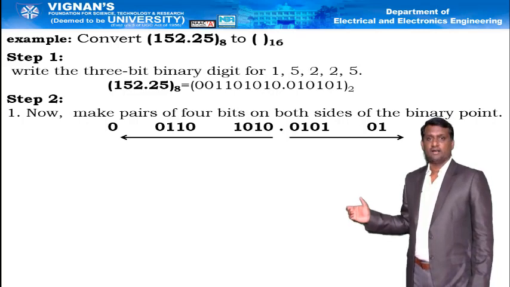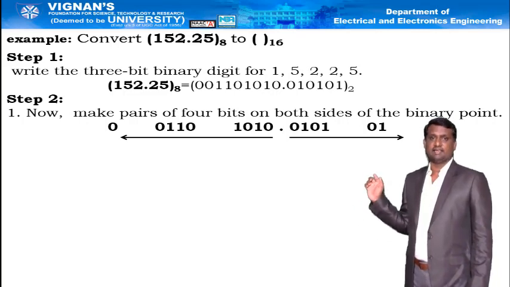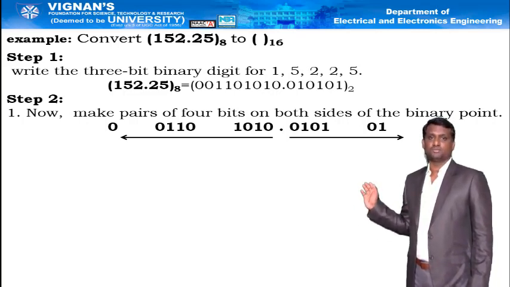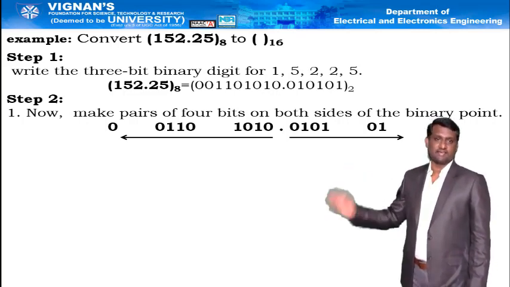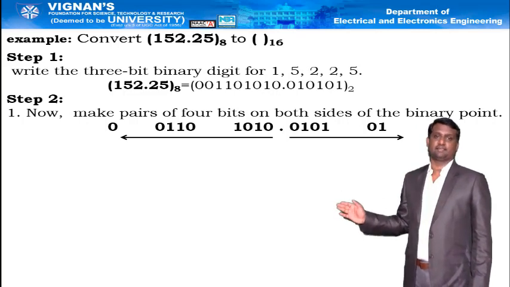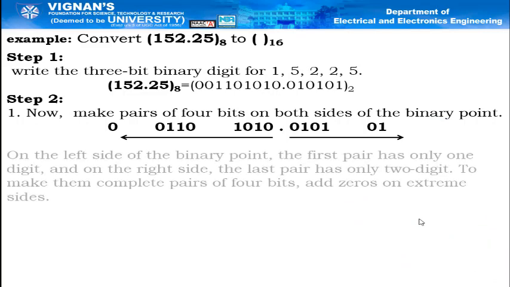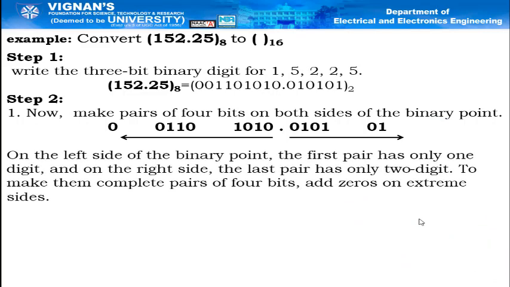If you observe on the extreme left side, there are 3 digits missing. Similarly, on the extreme right side, there are 2 digits missing in a pair of 4. For that, we have to add that many zeros onto the extreme sides. So after adding zeros, the extreme right has 0100, and the extreme left has 4 zeros.